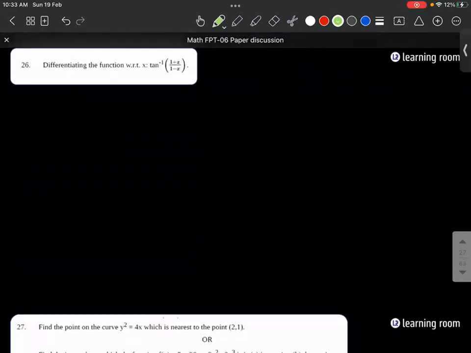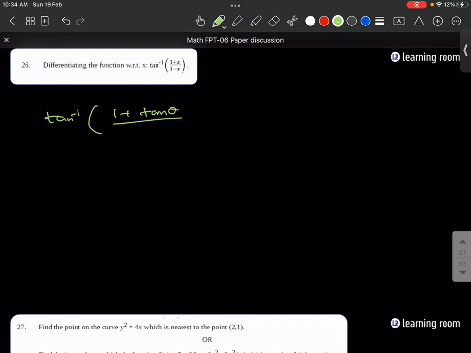Differentiate the function with respect to x. How to proceed? You should put x is equal to tan theta and then solve. When you put x is equal to tan theta, what will you get? I can write it in the form of tan pi by 4 plus tan theta, over 1 minus tan pi by 4 tan theta.